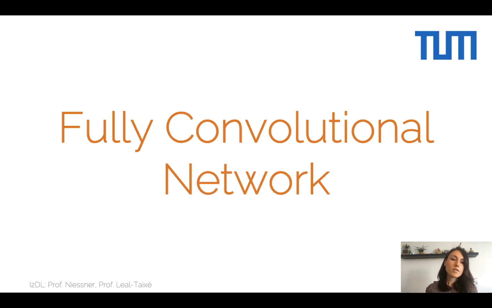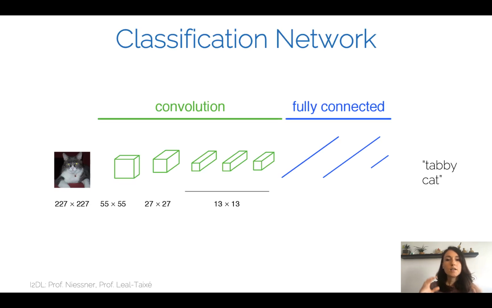So the last concept, the last type of architecture that I want to discuss today is the fully convolutional network. We have seen the classic structure for a classification network. This is the structure where we have a series of convolutions that act as feature extraction, and then the fully connected layers, right?